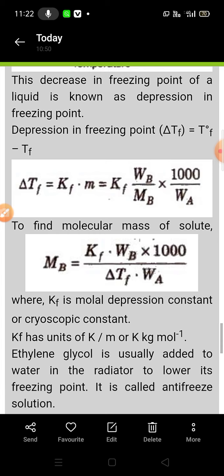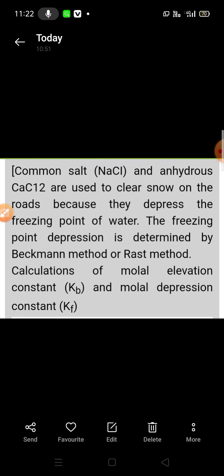Very important example. Another example: in the cold winter season, common salt and anhydrous calcium chloride, CaCl2, are used to clear snow on the roads because they depress the freezing point of the water. The freezing point depression is determined by the Beckmann method or Rast method.